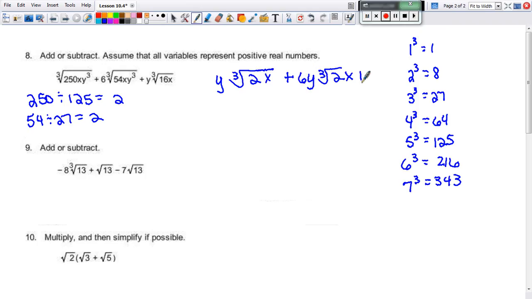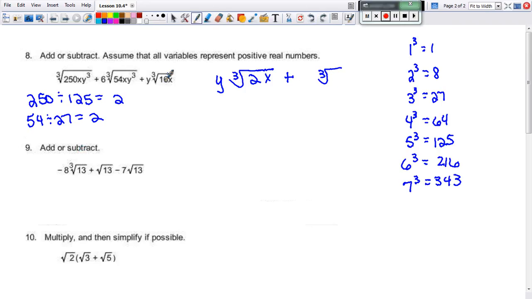So plus, square root of 16 is 4. So 4y times the cubed root of x. Oh, I'm sorry, I'm not doing square roots. So let's fix that. We're doing cubed roots.